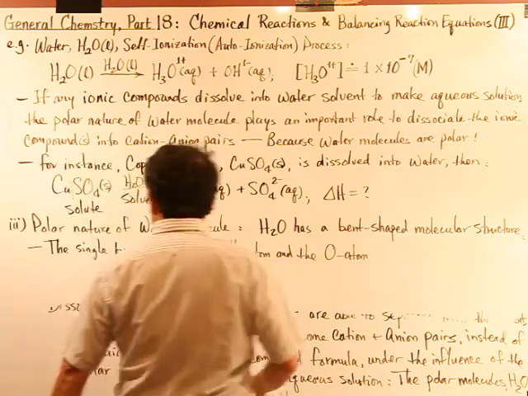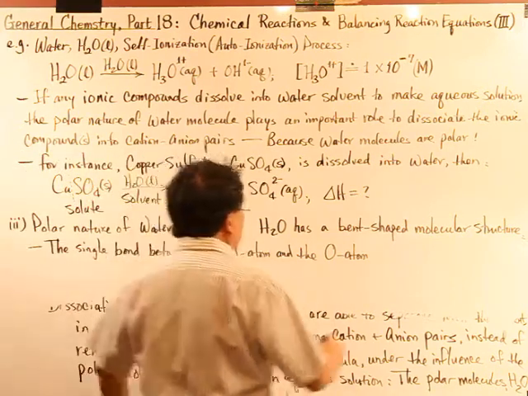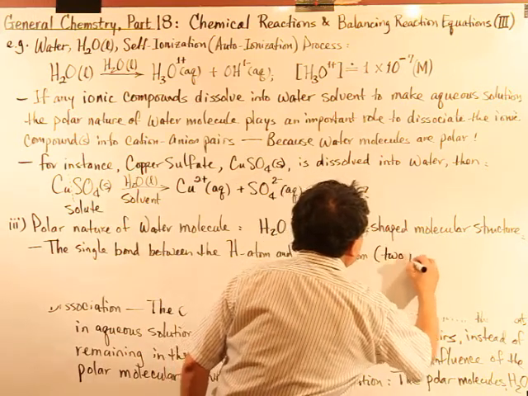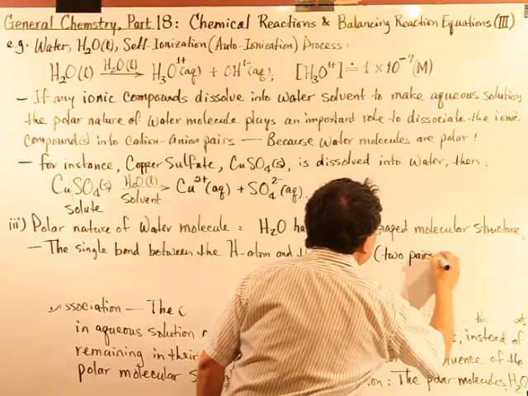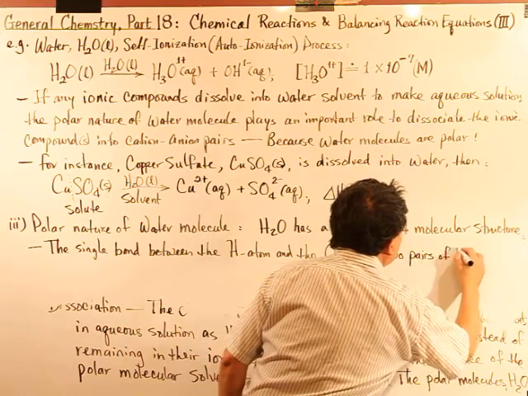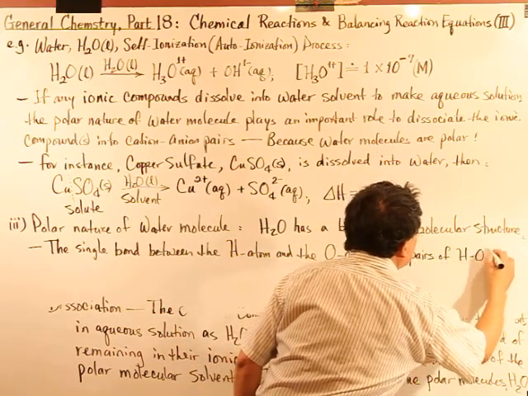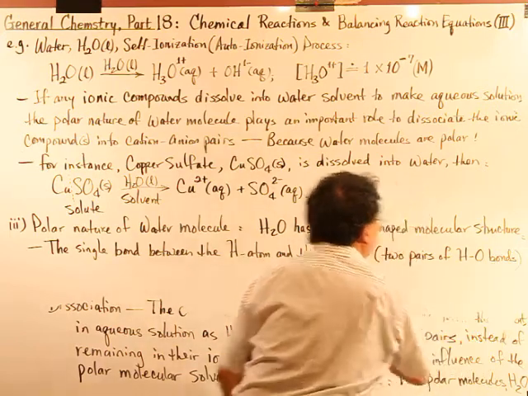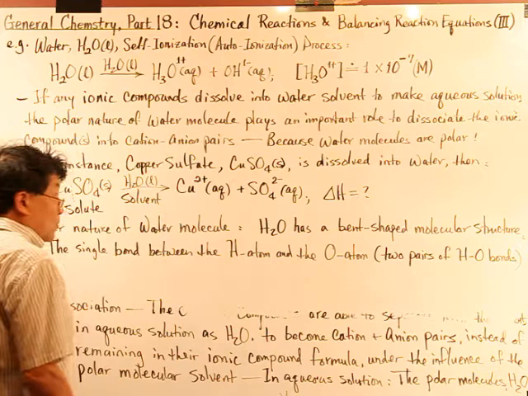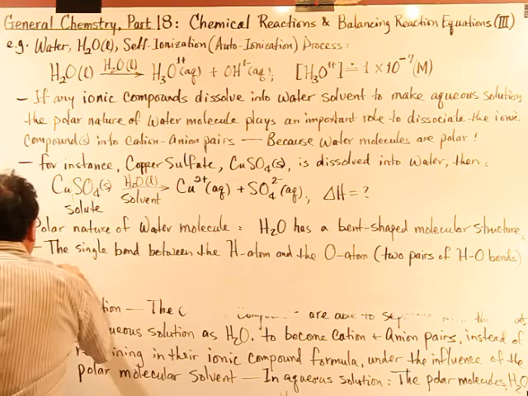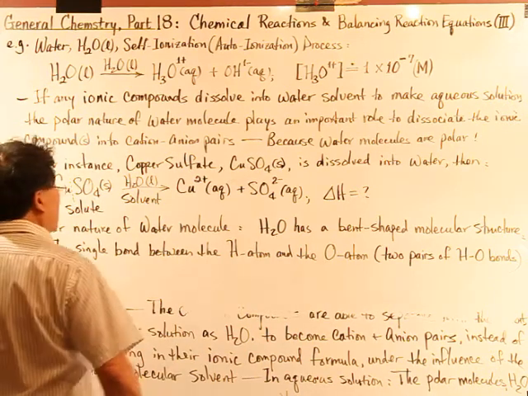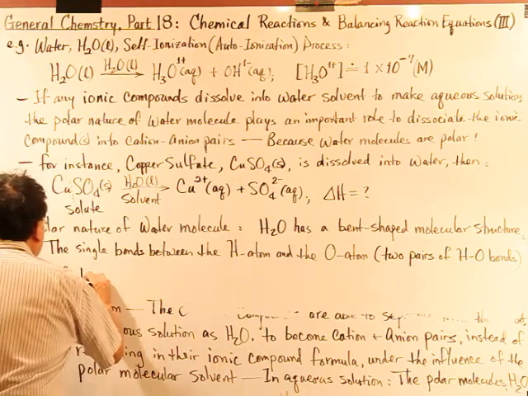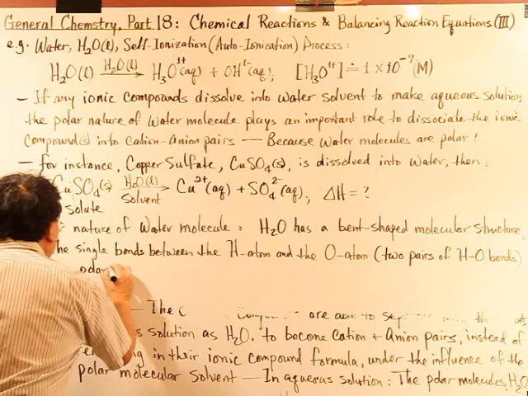For the single bonds between these two atoms, we have two pairs of H and O, correct? Now, what's the nature of the bond? The single bonds are polar covalent.